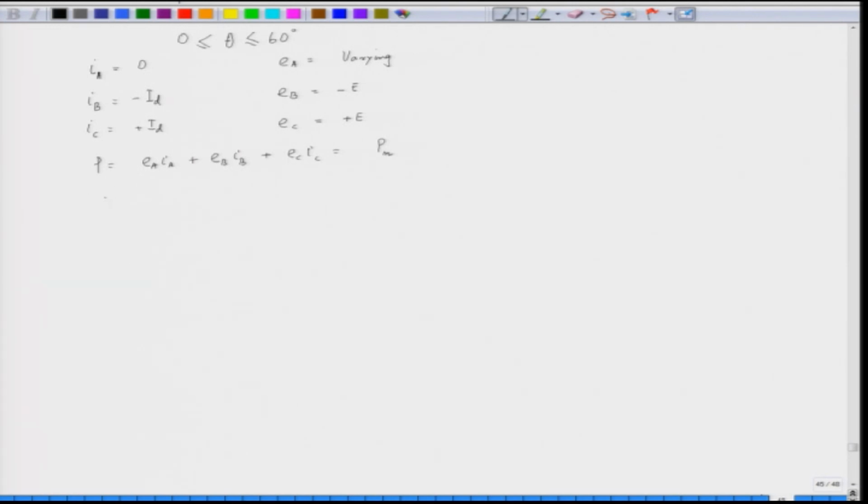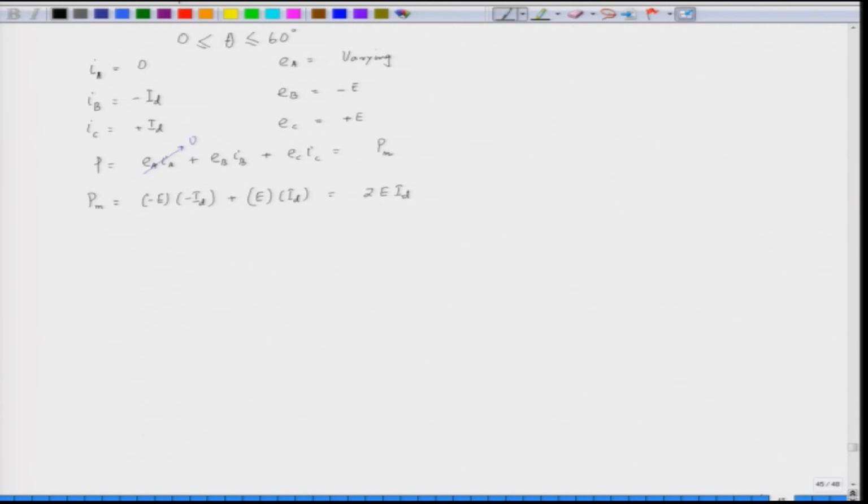Since the phase A current is 0, this term does not exist. So, this is equal to EB, which is minus E, into minus ID, plus EC into IC, EC is plus E and IC is plus ID, that is equal to 2 E into ID.